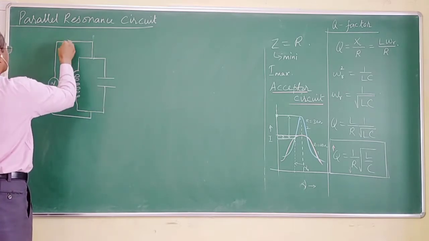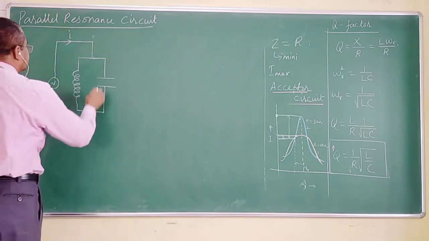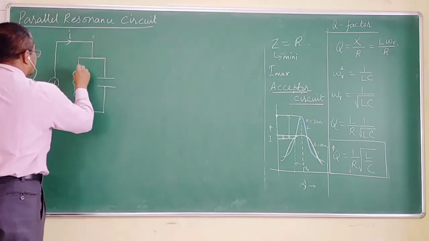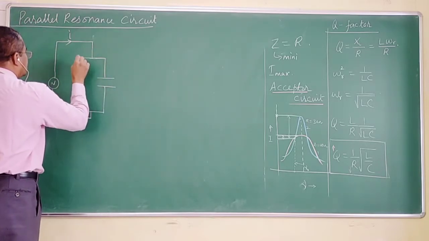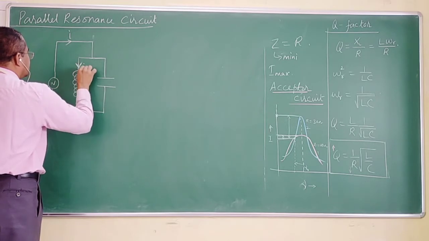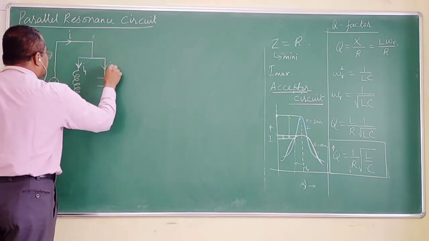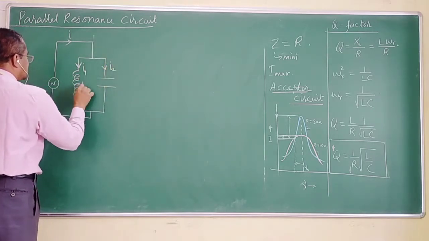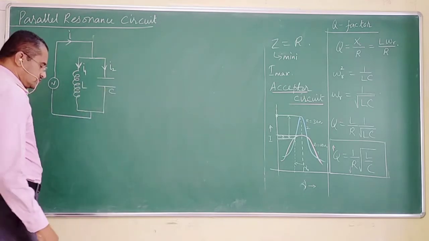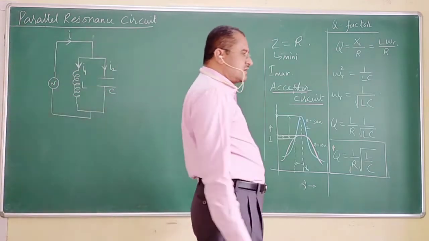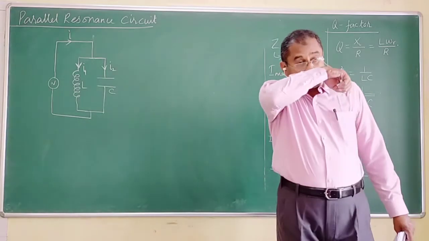Let us say the total current is I. The current flowing through the inductance, let me take it as I1, and that flowing through the capacitance as I2. Let us try to discuss this.